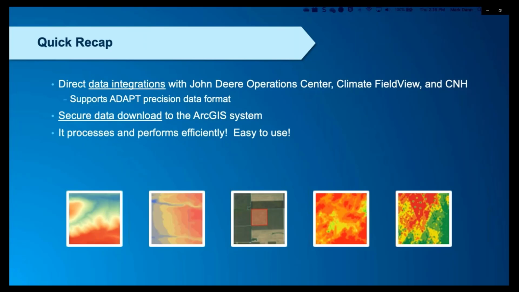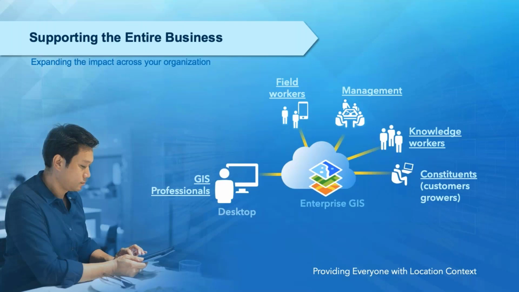So once we've brought that precision ag data into ArcGIS, it can be used to support an agribusiness in many ways across the enterprise, supporting all types of users, from the GIS professionals who want to do analysis and analytics on the data, to the management team through easy to configure dashboards, the field and knowledge workers, or engaging with constituents, whether those are internal constituents or customers.